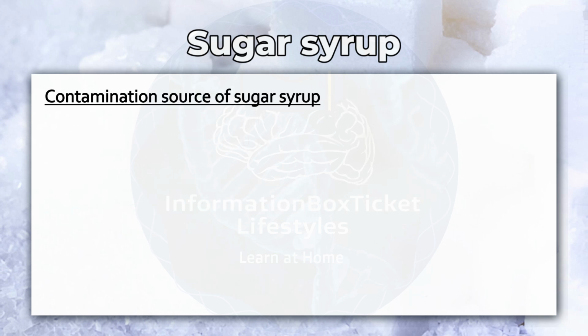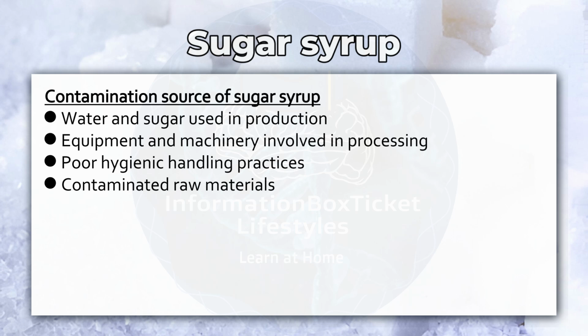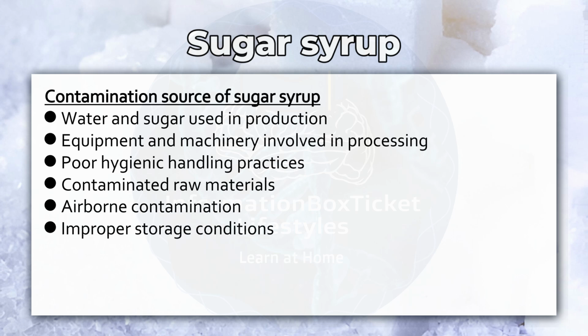Contamination sources of sugar syrup: water and sugar used in production, equipment and machinery involved in processing, poor hygienic handling practices, contaminated raw materials, airborne contamination, improper storage conditions.